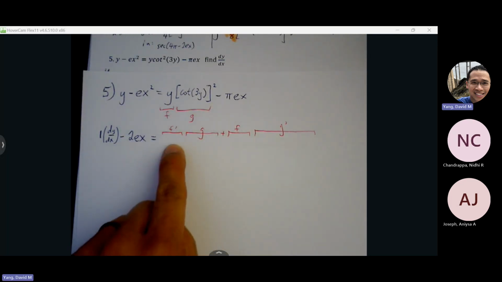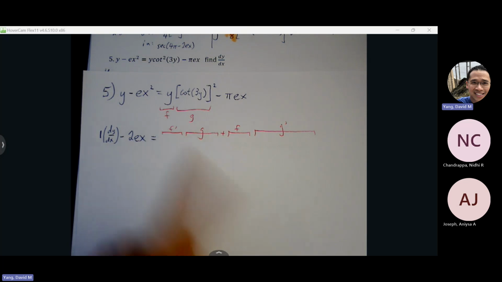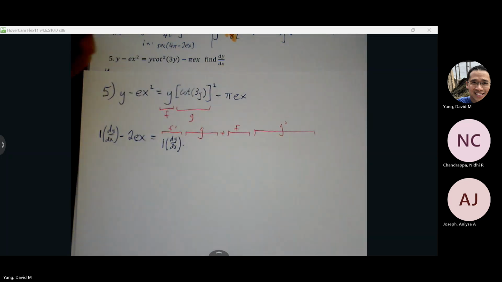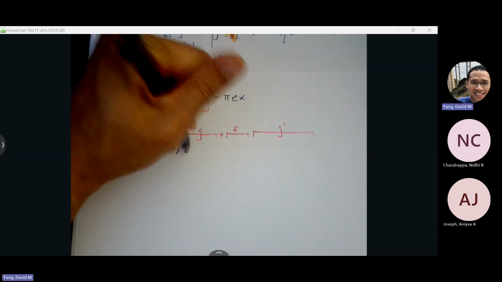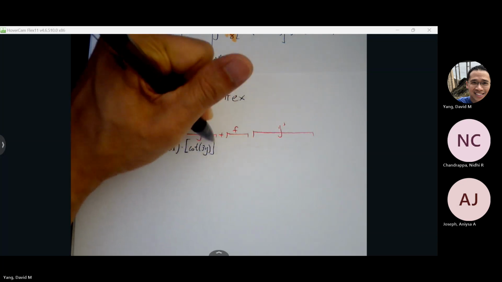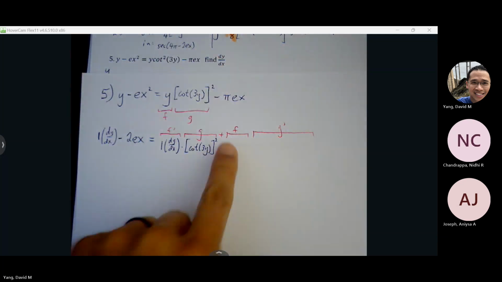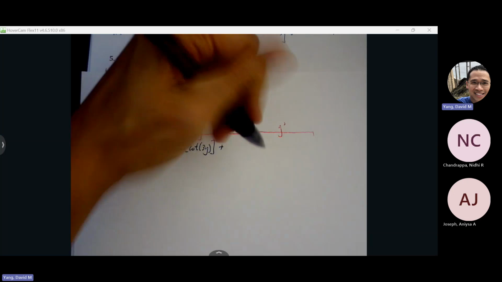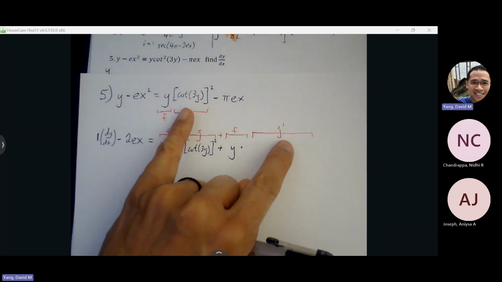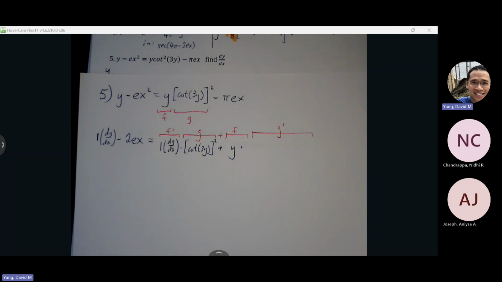Okay. So y's derivative, y becomes 1 dy dx. G stays. Back to f is y. G prime. So G prime, we got to go through chain rule here.